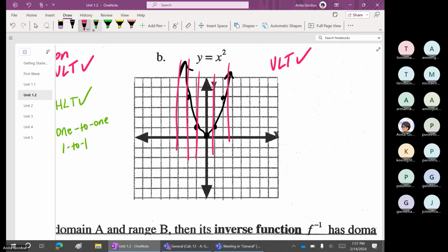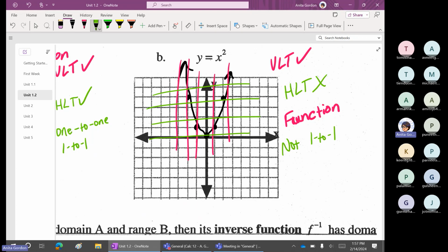Does it pass the horizontal? So this is a function, but it is not one-to-one. Remember seeing this somewhere?